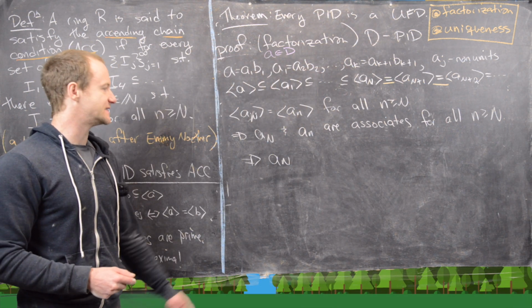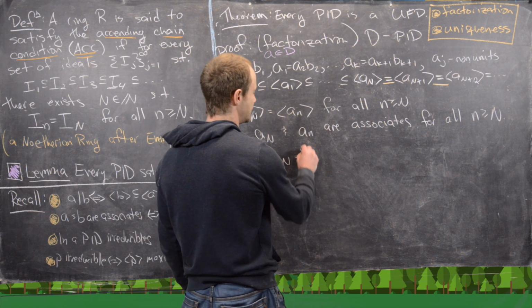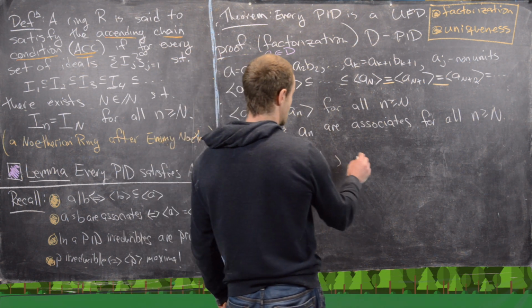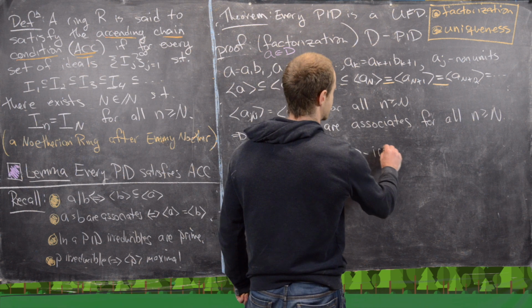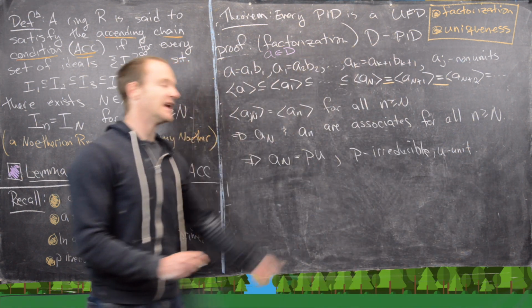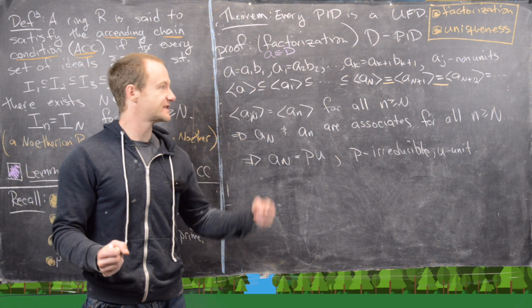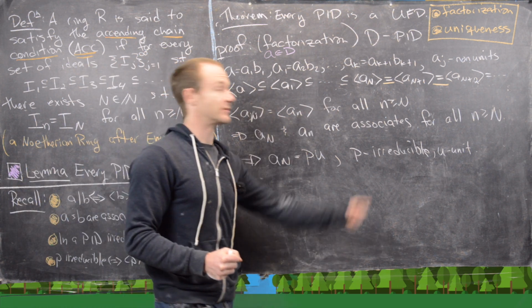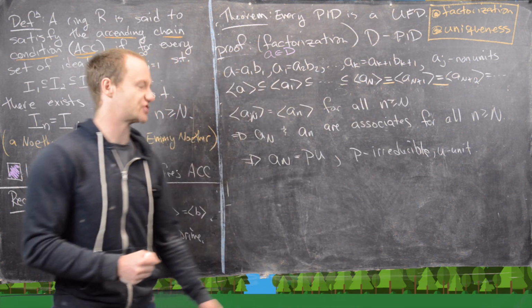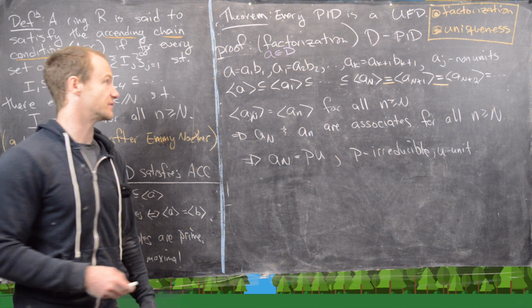But then what that means is the only way to factor A sub capital N is into P and U, where P is some irreducible and U is a unit. Because if we could factor it into two non-units, then we could keep this chain going. But look, it was impossible to keep this chain going. So in other words, AN itself is an irreducible.